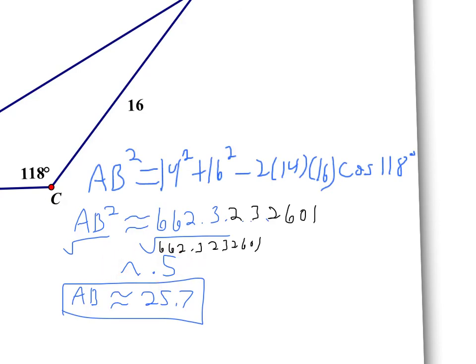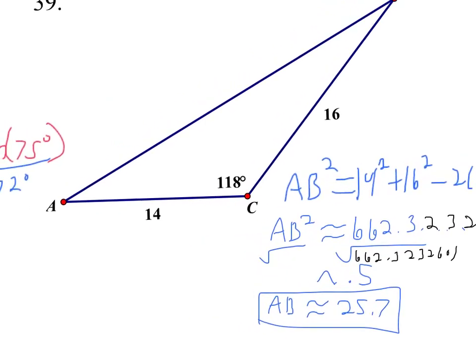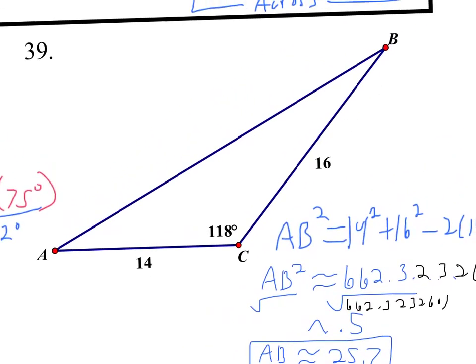Alright, so now we know that AB is approximately 25.7. So now we know all of the sides. We have a few options for where we go from here. You could do the same thing now, set up the law of cosines, and you wouldn't be trying to find a side, but you'd be trying to find an angle.